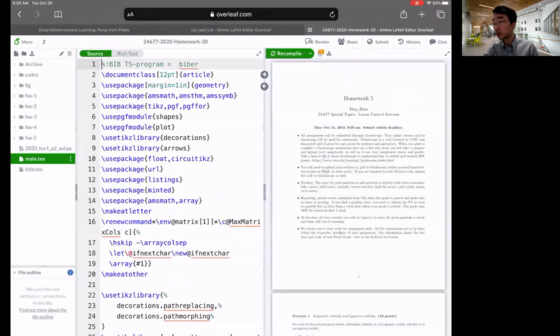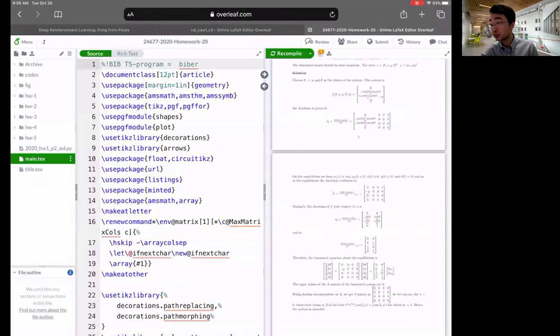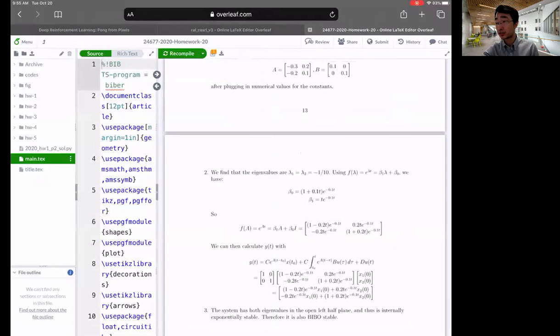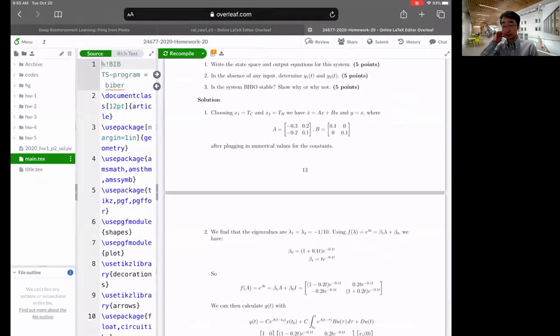The previous solution was not correct, so we found it, and the correct solution has already been uploaded to Canvas.